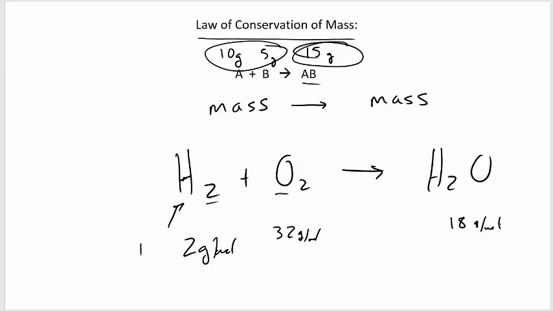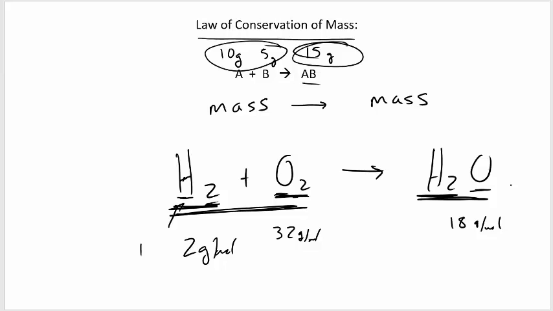But what we need to do is make sure we have the same number of each element on the reactant side as we do on the products. So if you count these, on the reactant side we have 2 hydrogens. Over here we have 2 hydrogens, so that's good. Remember, the subscript tells you how many you have. The oxygens on this side we have 2, and over here we only have 1.